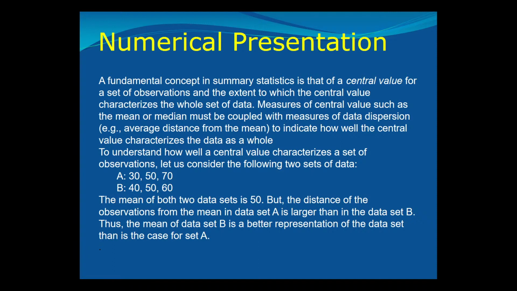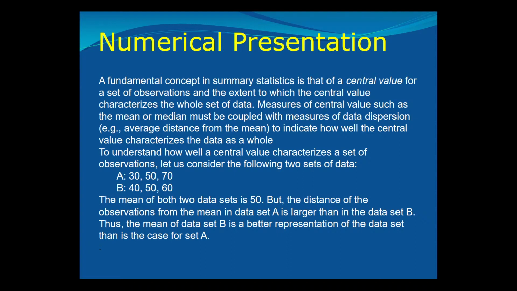To understand how well a central value characterizes a set of observations, let us consider the following two sets of data. Data set A has three values: 30, 50, and 70. And data set B consists of three values: 40, 50, and 60.